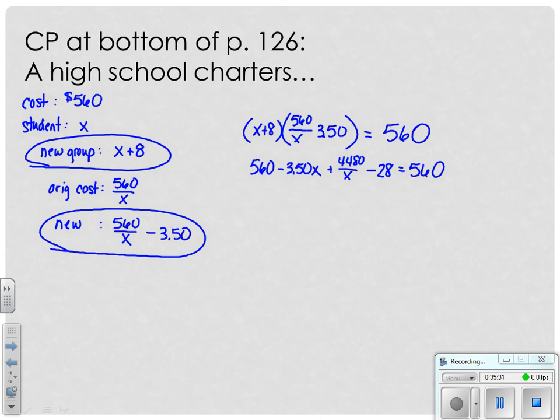Now, with this one, I'm going to do a little simplifying here. Do you see that you have a positive 560 on both sides of your equation? Whether you take care of this now or you find that it's going to go away in the future, those are going to take each other out. So I'm going to just bring it down a little bit.